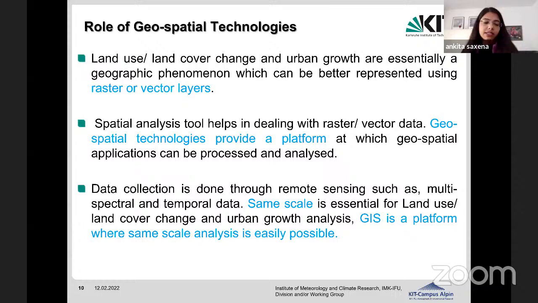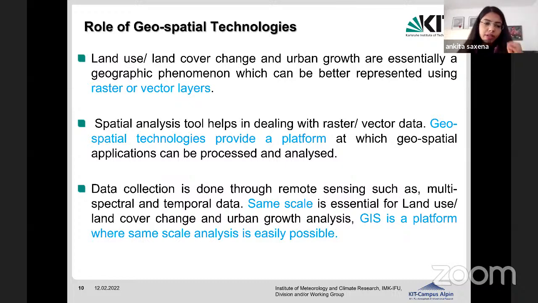All these complex things are a part of this urban system, and we need to understand the complex relationship between urbanization and the different urban drivers which are driving urban growth. So to understand all these urbanization phenomena, we need to have knowledge of models.